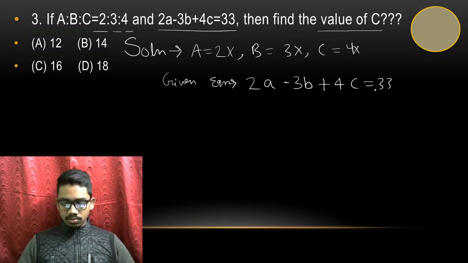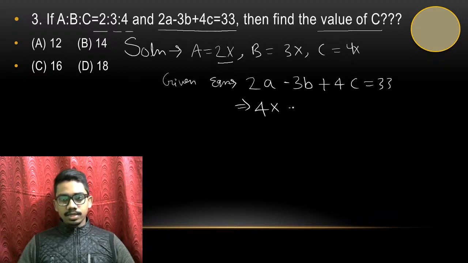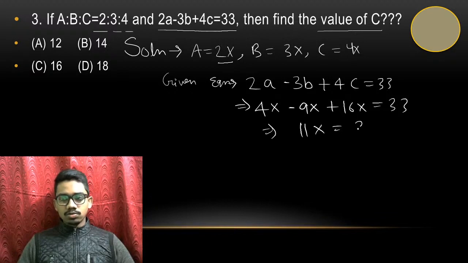If I substitute the values, for A I am writing 2x, so it will be 4x, and for B I am writing 3x, it will be 9x, and for C I am writing 4x, it will be 16x equals 33. So 16 plus 4 is 20, 20 minus 9 is 11. 11x equals 33. Then the value of x I will get as 3.